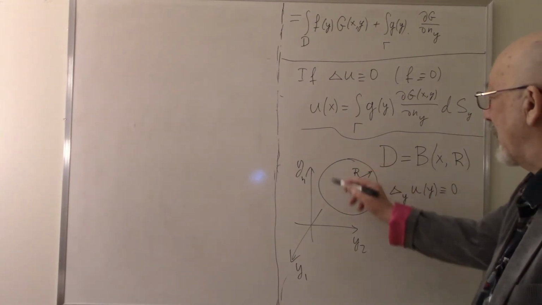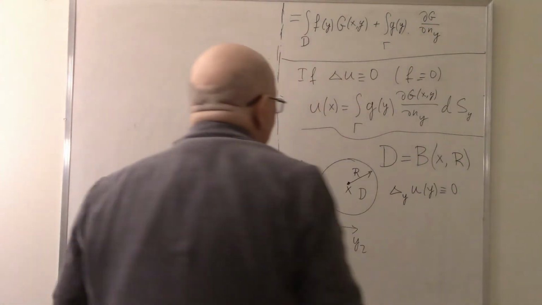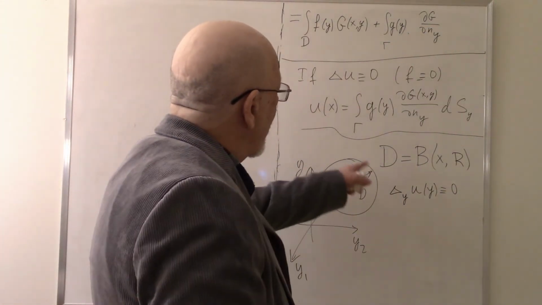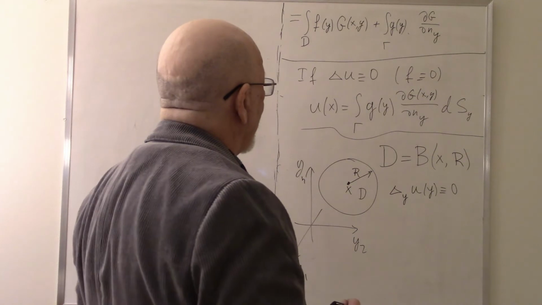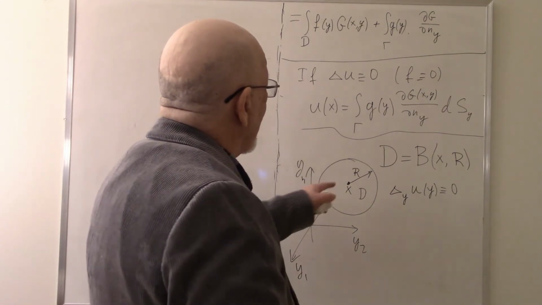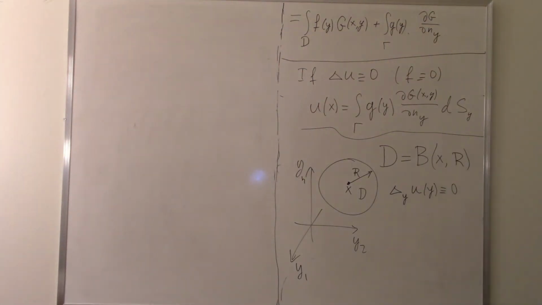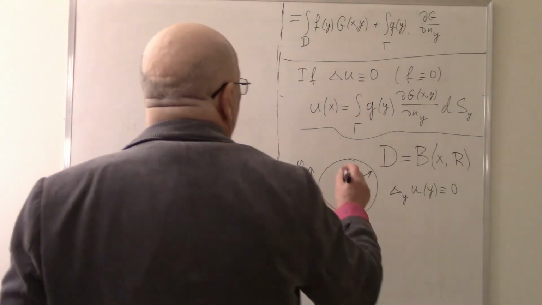So we have a function which is harmonic inside this ball of radius r. And let us write down. So first of all, in this case, we can write down this solution.